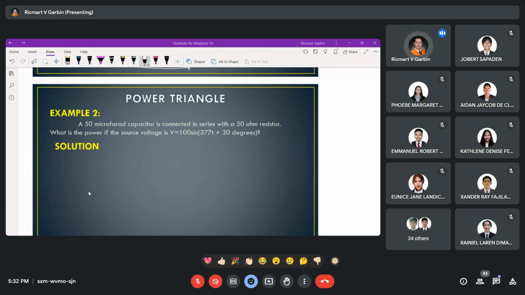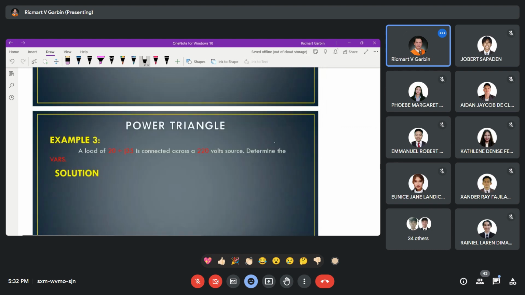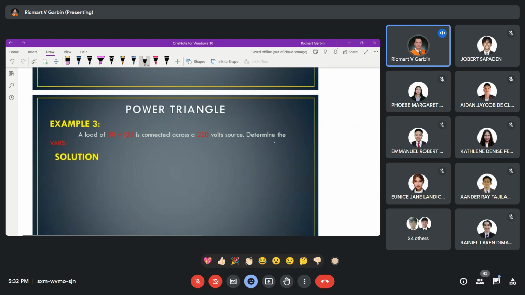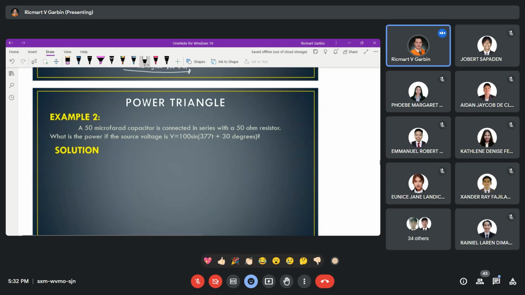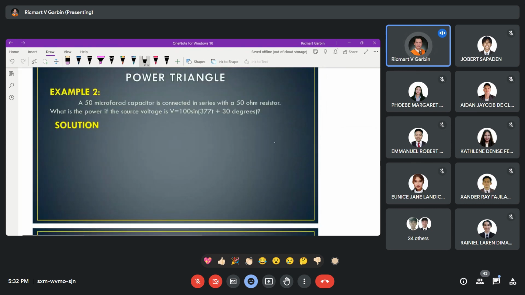So, pakitry nga muna nito. A 50 microfarad capacitor is connected in series with a 50 ohm resistor. What is the power if the source voltage is V is equal to 100 sine 377t plus 30 degrees? Sige, tatry muna natin bago ako magbigay ng isang example na kayo naman magsasolve.